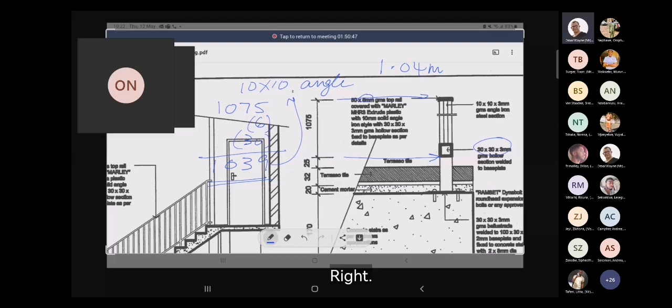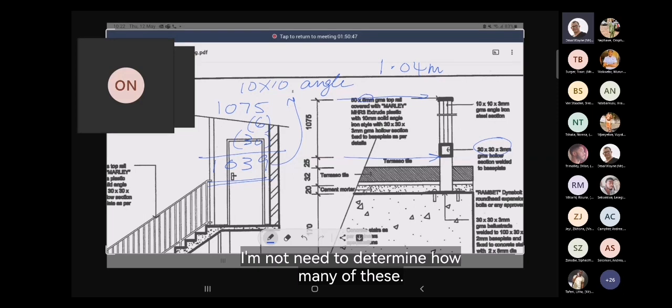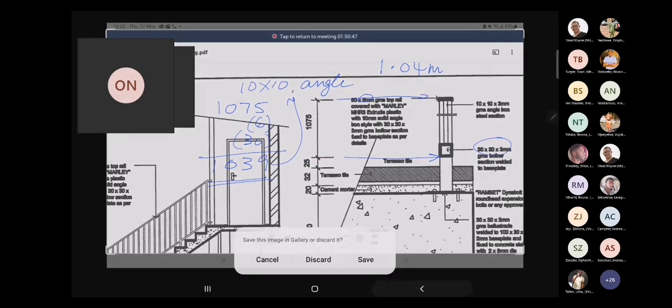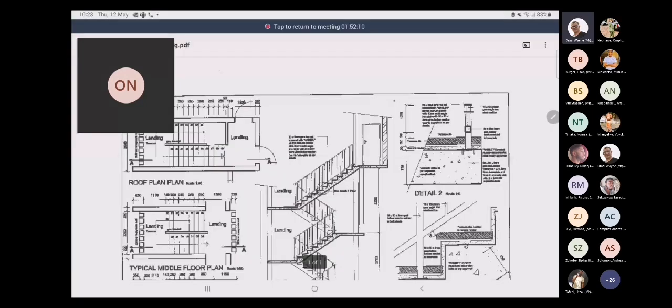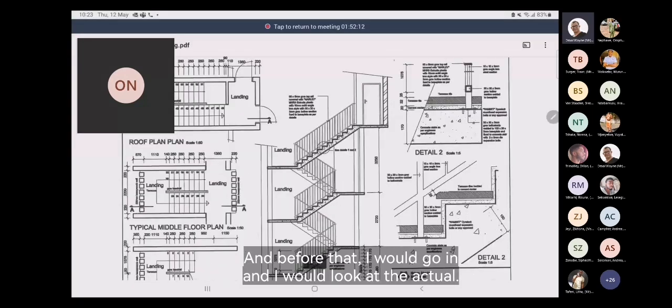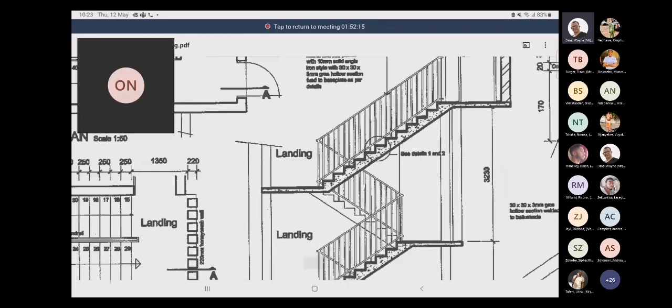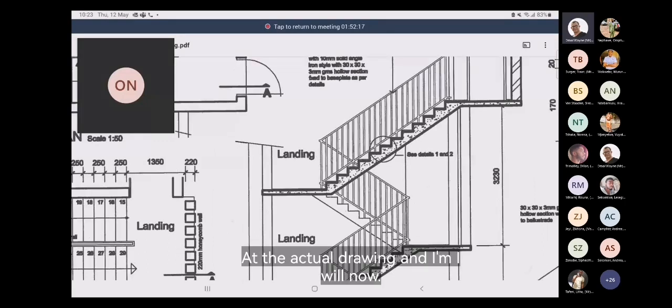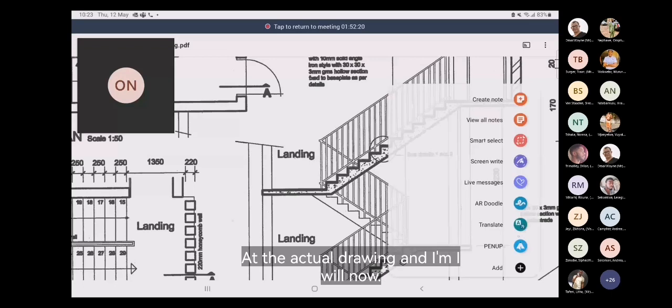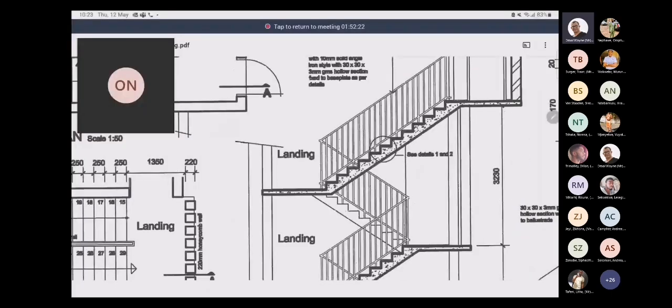Right. So, I now need to determine how many of these I need. And for that, I would go in and look at the actual drawing, and this is what I would do.